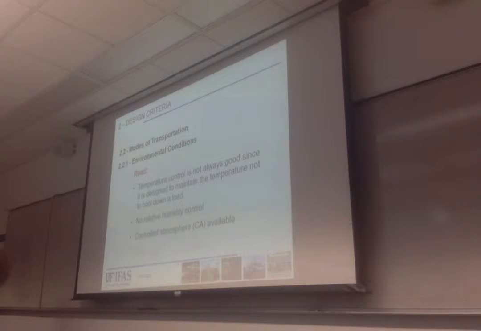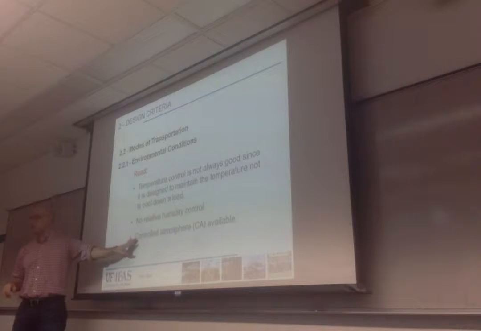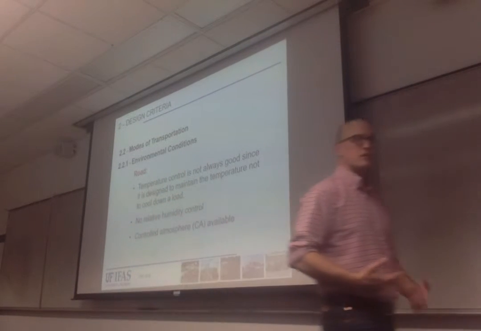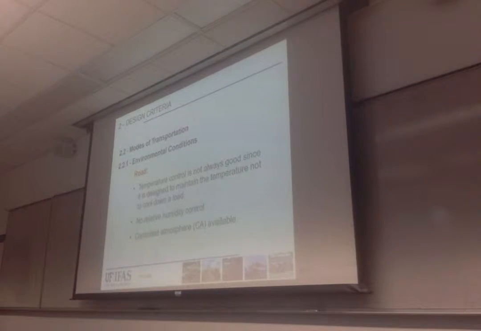But these will be useful mainly on long journeys. If you have like a 2-hour trip, it's kind of useless, okay? Because it takes time for the gas to diffuse through the tissue of the product and so on. So that's why you will see that more on marine shipment, okay? But that's one thing that is available, a way to control gas concentration in some of these trailers.